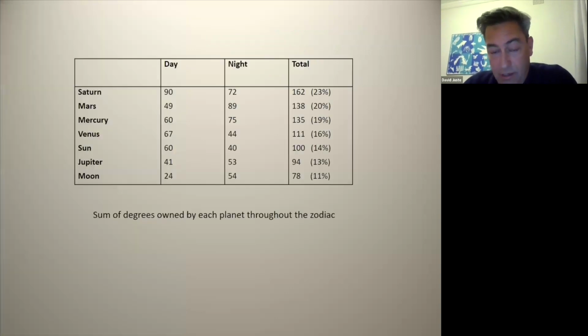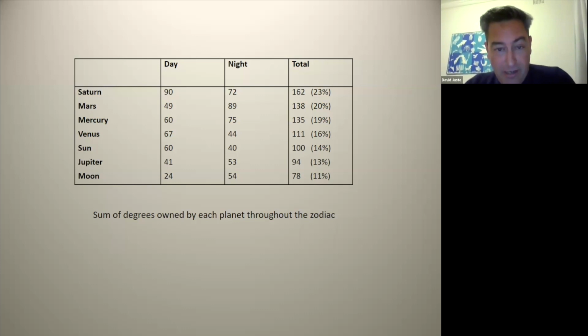Because if you look at the sum of degrees owned by each planet throughout the entire zodiac, you will find that the two malefics, Saturn and Mars, come first and by far, while the two benefics, Venus and Jupiter, are allocated much fewer degrees. So in any nativity, or in any astrological calculation, you would find a malefic as the Almuten almost twice as often as a benefic planet.